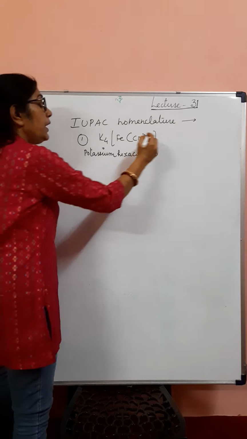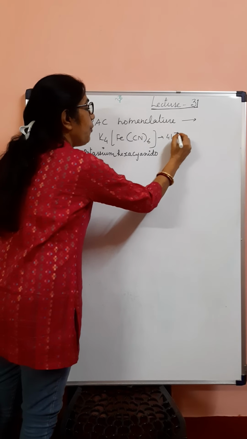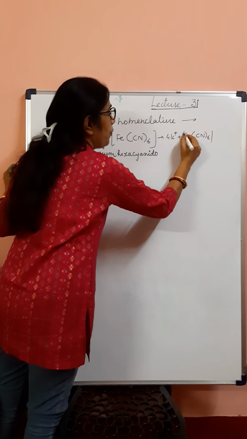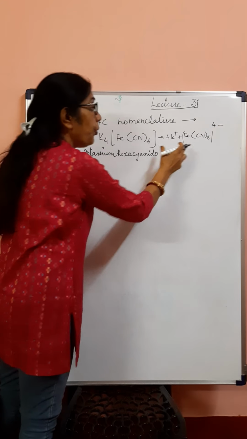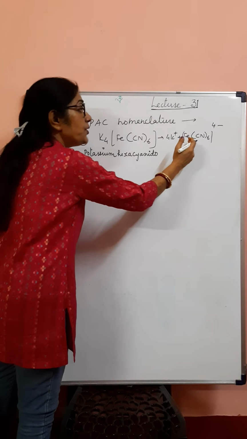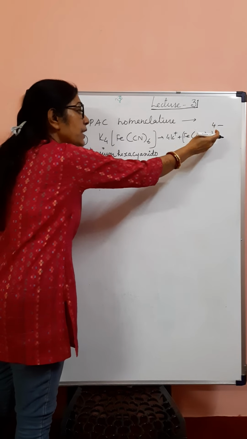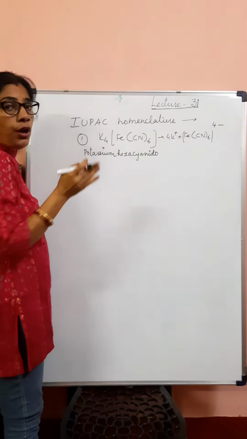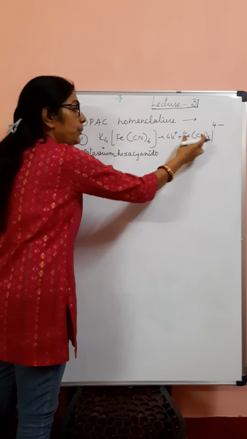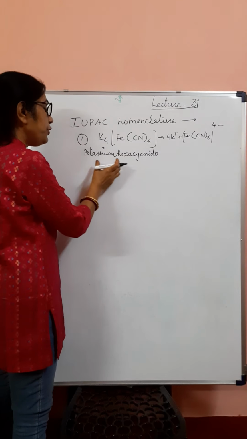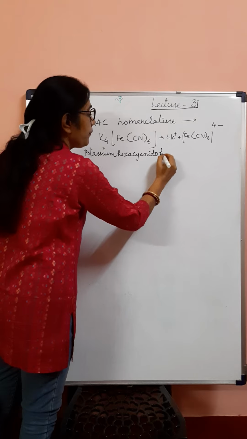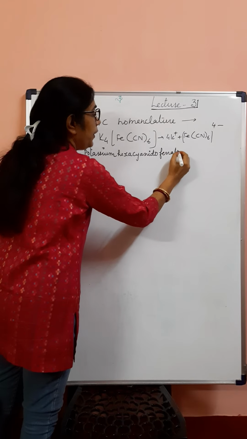Since it will ionize as 4K+ and [Fe(CN)6]4-, no need to show it, but for your own understanding, you can dissociate and see whether negative ions are formed, whether the complex is negative or positive. So the charge is negative, that means the complex is negative. So we write potassium hexacyanidoferrate.